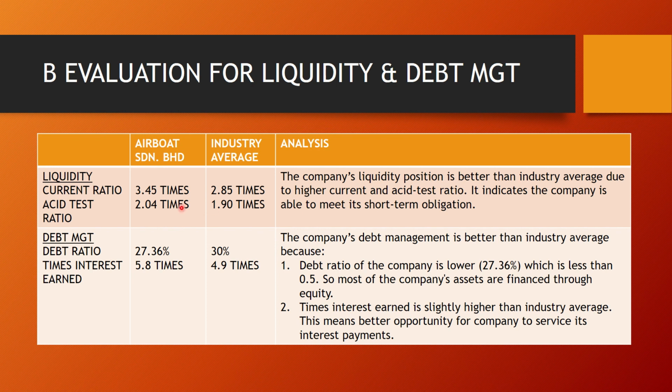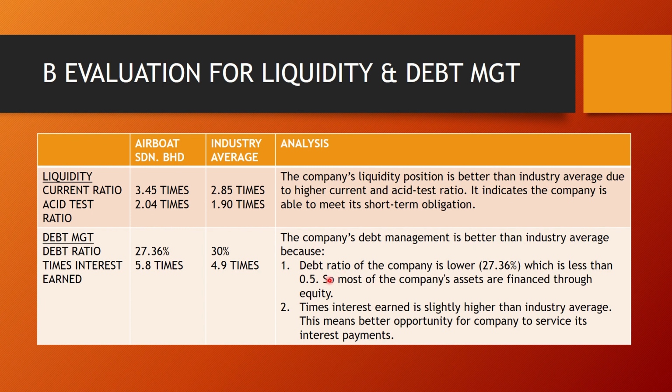And for the debt management, we can choose the debt ratio and times interest earned. For A Board Sdn Bhd, the debt ratio is 27.36%, whereas the industry average is 30%. And times interest earned of A Board Sdn Bhd is 5.8 times, industry average 4.9 times. In conclusion, the company's debt management is better than industry average.